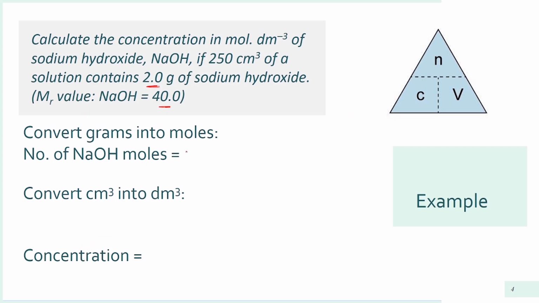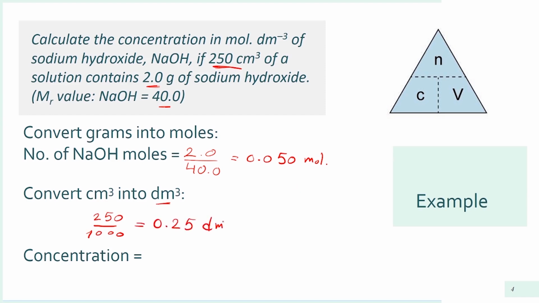If we divide the 2 grams of sodium hydroxide by the relative molecular mass, 40, we get the amount of sodium hydroxide in moles, which is equal to 0.050 moles. We also need to convert the 250 cubic centimeters to cubic decimeters. We divide the 250 cubic centimeters by 1000. We get the volume 0.25 cubic decimeters.